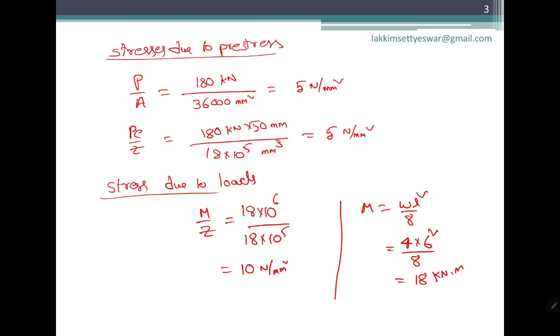Let's calculate the stresses at the bottom fiber at maximum working load. Stresses at the bottom fiber at working load.